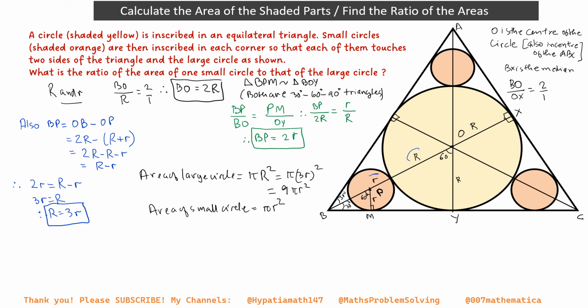So now very clear, the ratio of the areas, small to the large circle, would be pi r squared out of 9 pi r squared, and that equals 1 out of 9, and that is the answer. The answer is 1 out of 9.